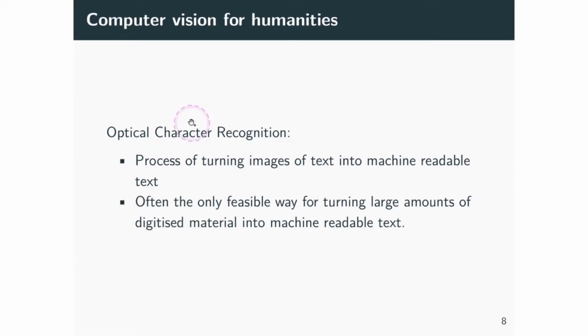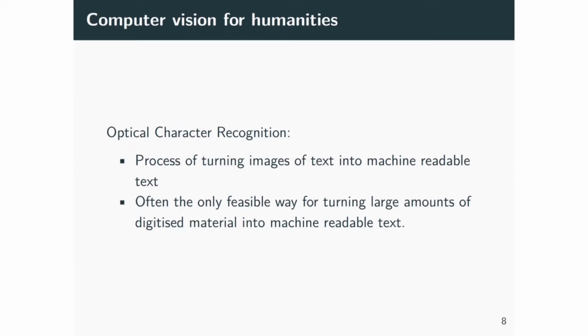So one that we're not going to cover at all today, but that's very important, is optical character recognition. Probably most of you have come across this. It's the process in which you can turn an image of a text into something that's machine readable. An example of that is if you scan a document and put it in Google Docs, it will often be able to find what the words in that document are, and then you can search for those words.